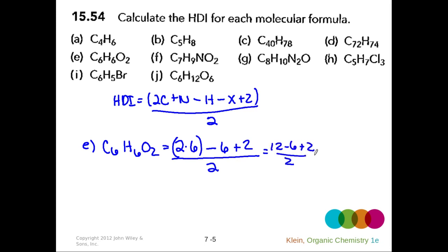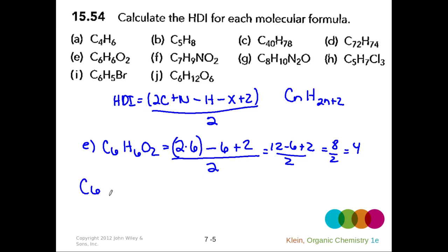So our HDI is given by 2 times the number of carbons plus the number of nitrogens minus hydrogen minus halogen plus 2, all divided by 2. Okay, so if we work E, okay, then we have C6H6O2.